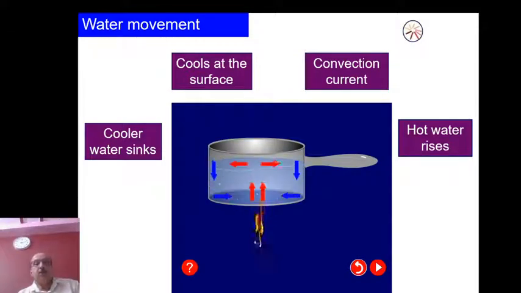Now let us consider water movement. Here we are providing heat through the burner to the water. The hot water molecules rise up, whereas the cool water molecules sink, because the hot water molecules become lighter, less dense, and the cold water molecules are denser and they will come down.